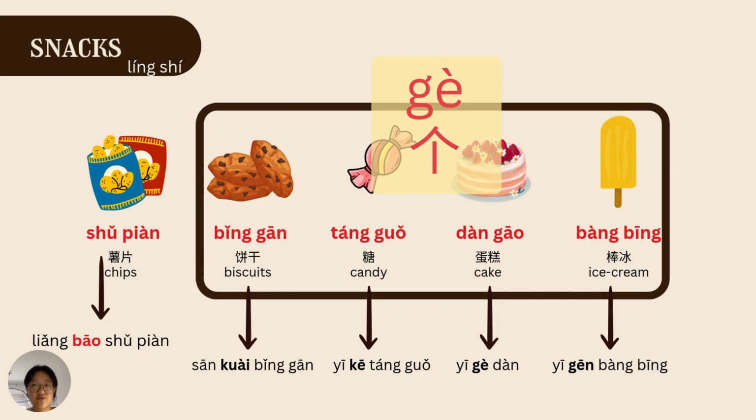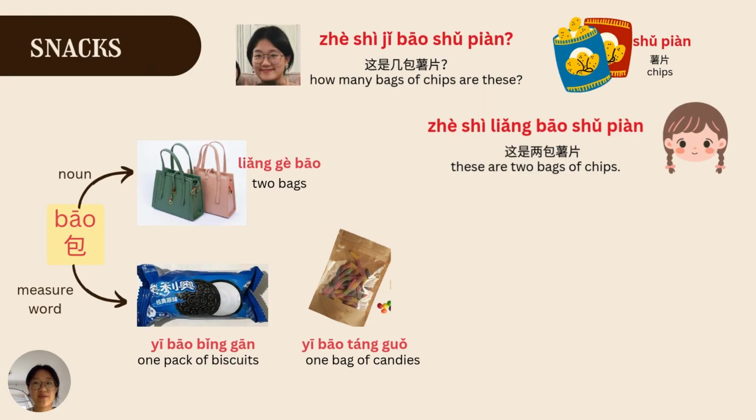Now let's learn the first measure word for this lesson. 包. 2 bags of chips, 2包薯片. 包 can be a noun, which refers to bags. In the picture, you can see they are 2 bags. 2个包. 包 can also be a measure word.